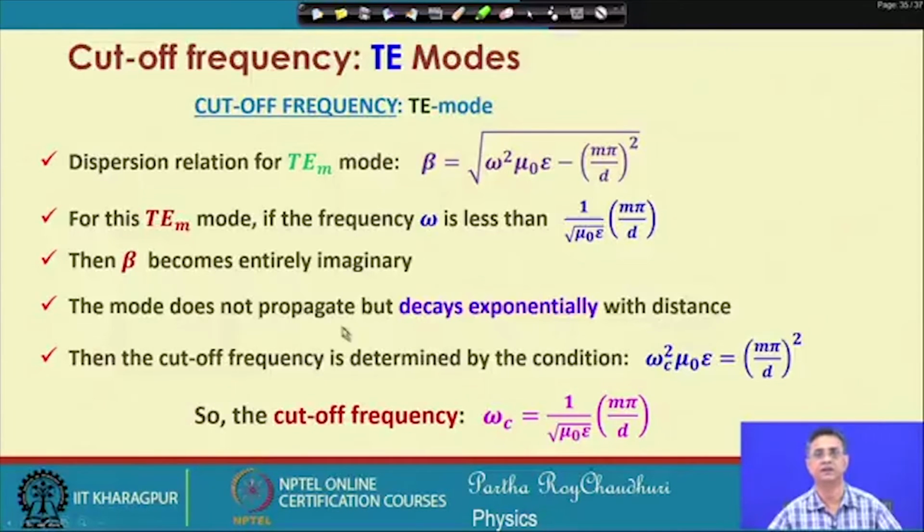That is why the electric field will decay exponentially through the structure. The cutoff frequency is determined because these modes will not be able to propagate through the structure, and therefore up to this frequency given by this expression, we have waves which will be propagating. So, the cutoff frequency is given by this equation.